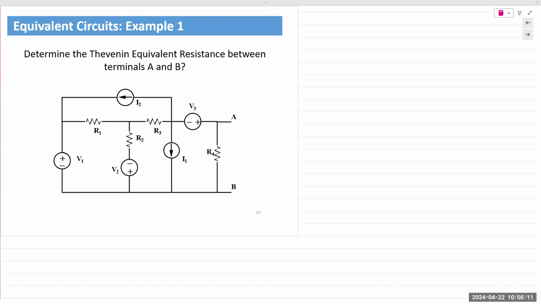And then you can also go ahead and determine your Req. Remember, if you're trying to find Req, you start at the farthest end and you move towards your terminals of measurement one step at a time.